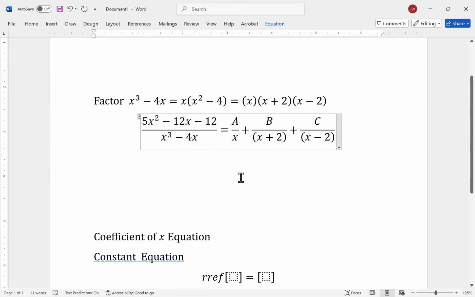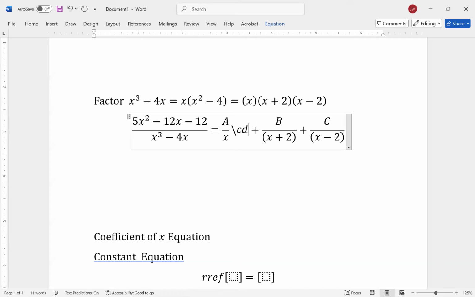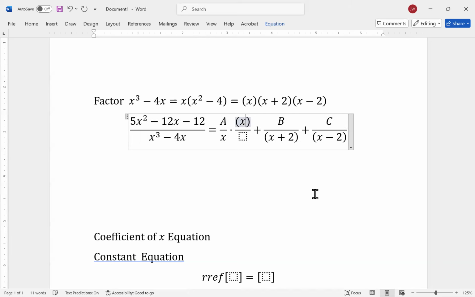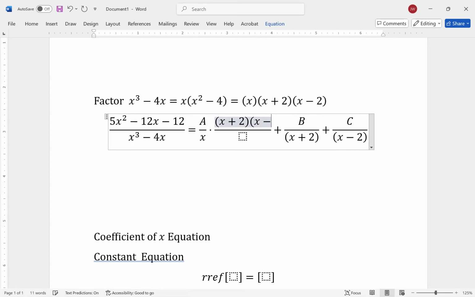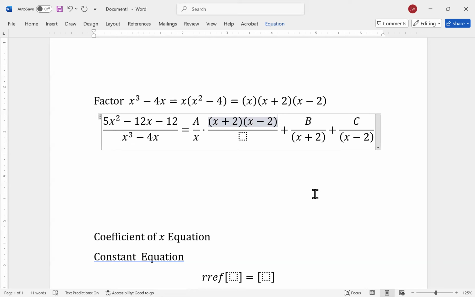I'm not going to write down every single thing in this case, but I want you to notice that if I want a common denominator for this first fraction, I would have to multiply the top and the bottom by both x plus 2 and x minus 2.